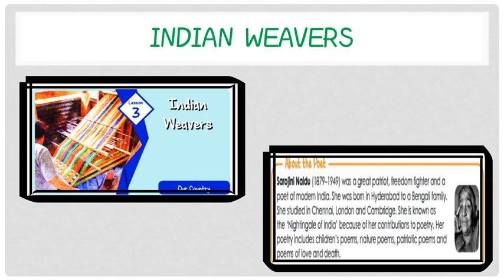Not only a poetess, she is a great patriot, a freedom fighter, and many more you can use. It's very less. And I told you she was born in Hyderabad in a Bengali family, and Sarojini Naidu is also known as the Nightingale of India.